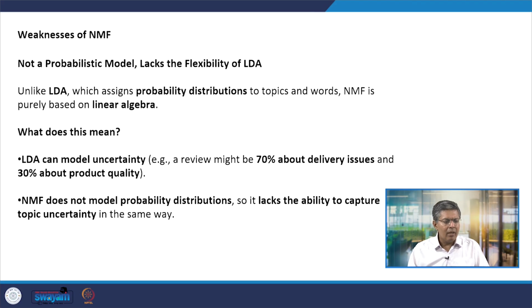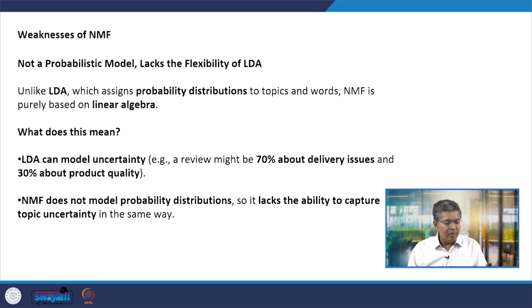But what is the weakness? Since it is not a probabilistic model, it lacks the flexibility of LDA. Unlike LDA, which assigns probability distributions to topics, NMF is purely based on linear algebra. LDA can model uncertainty because it is a probability based model. For example, a review might be 70% about delivery issues and 30% about product quality.